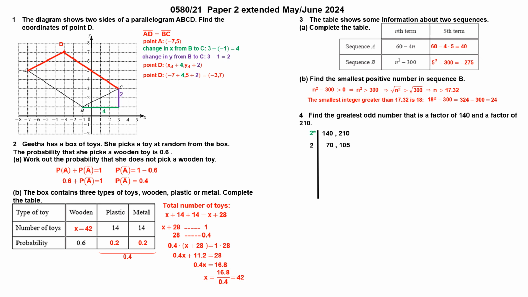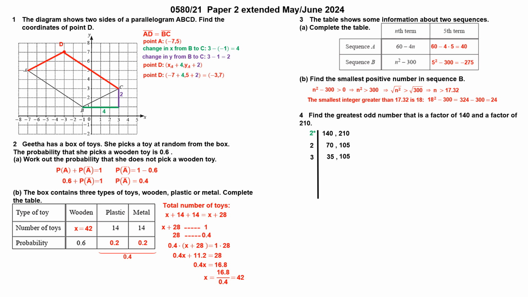Dividing 70 by 2 gives us 35. So we will place 105 next to 35. Now neither 35 nor 105 is divisible by 2. So we move on to the next prime number, which is 3.